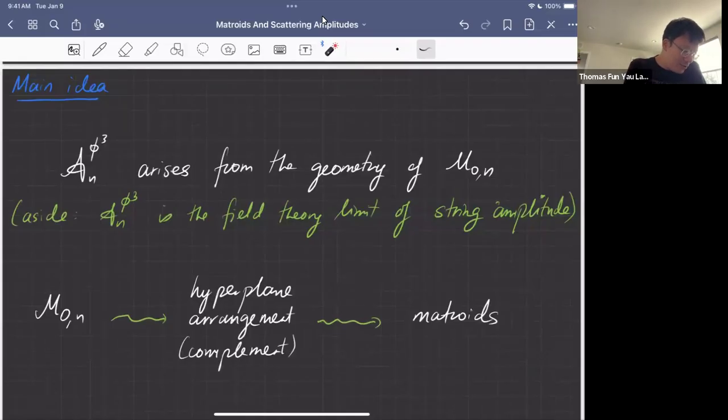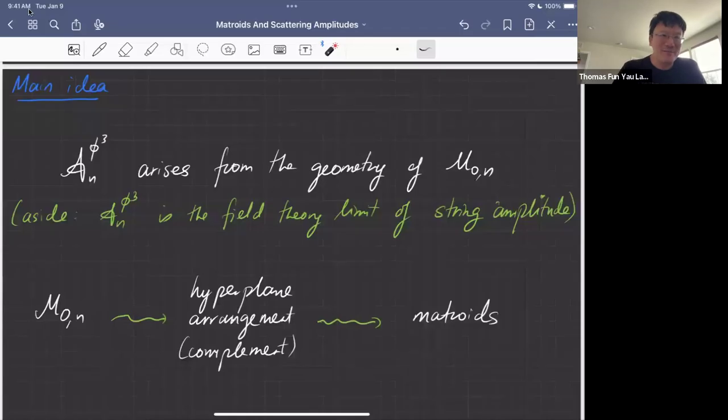Let me say a little bit here: I said this rational function doesn't actually come up in nature per se.